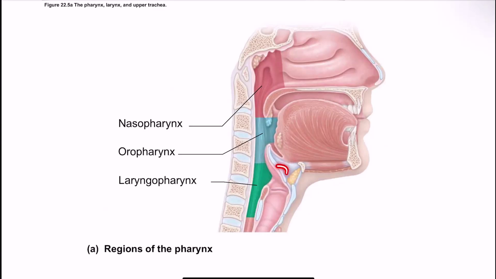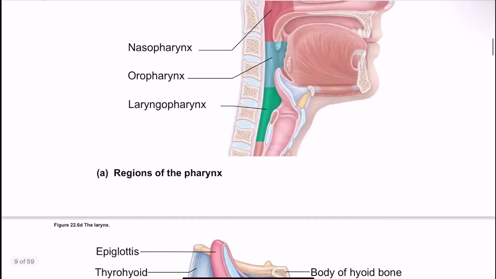Can you picture if food comes down, we close that epiglottis so that the airway is closed and the food only goes down the esophagus. It does not go into our lungs. That doesn't happen because of the structure epiglottis. And then when we're done swallowing, it comes right back up to where it started because it's made out of elastic cartilage. So structure and function, keep that in your mind while we're talking.